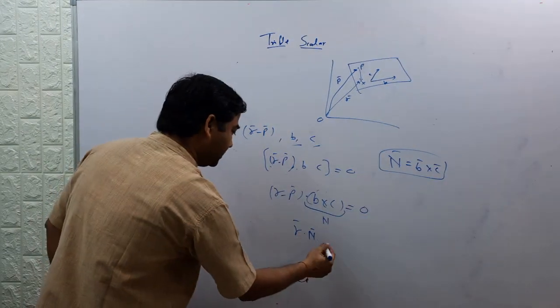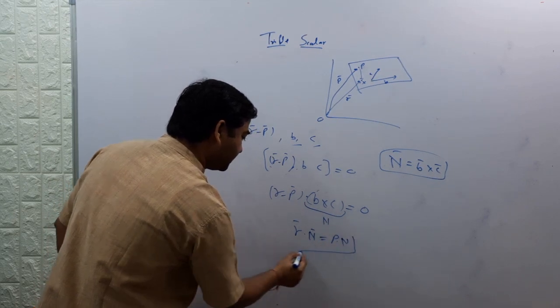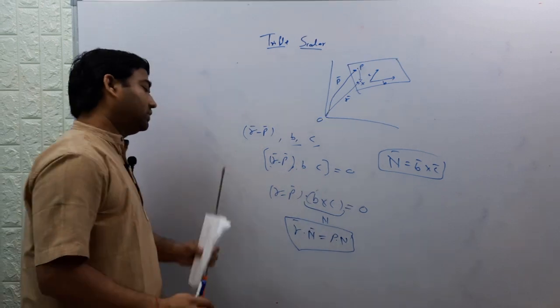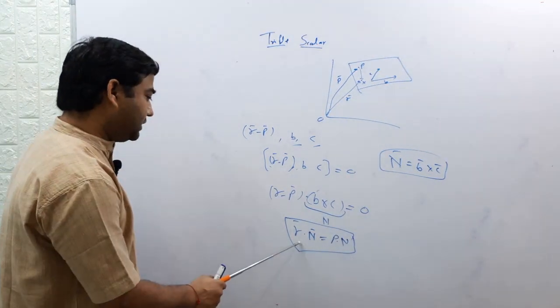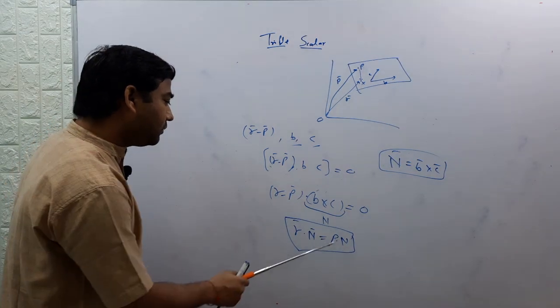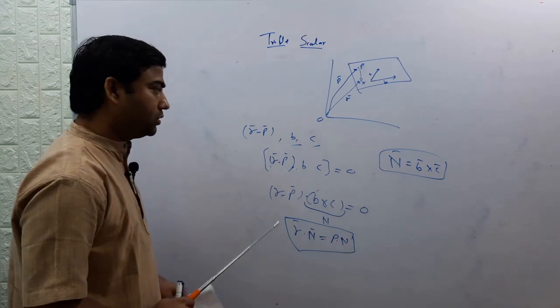So R dot n is equal to P dot n. So that is also the equation of plane in terms of dot product. R dot n is equal to P dot n.